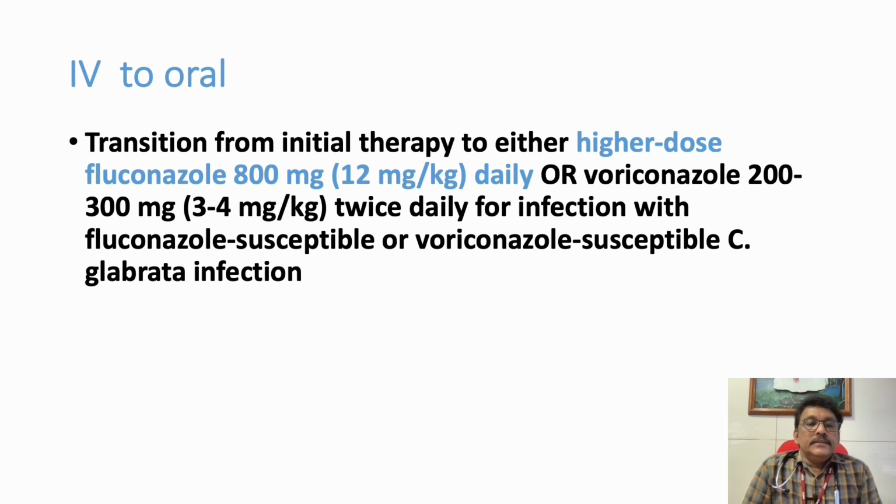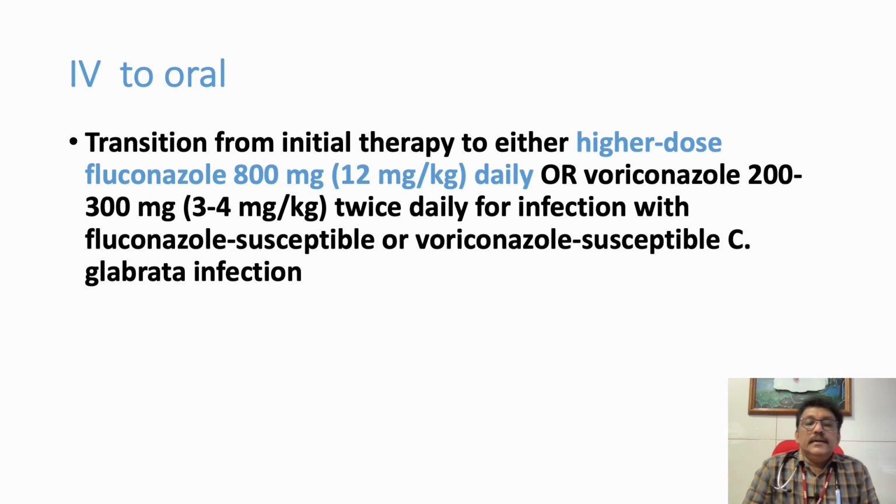Now, once the patient is stabilized in ICU and requires long-term therapy, then you can switch to oral therapy of fluconazole. You can give a 400 mg loading dose, then 800 mg, then 400 mg can be continued. Or voriconazole 200 to 300 mg twice daily can be given continuously.